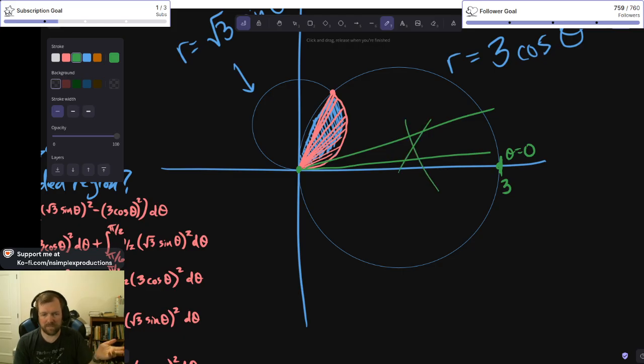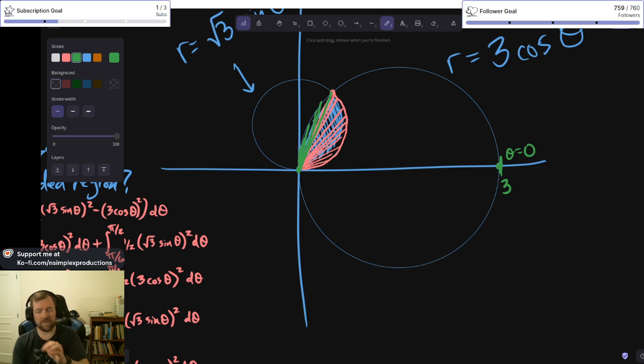What we want is not those areas, but the areas here, and here, and here, and here. All of these areas that are inside of this slice, this partial circle here.